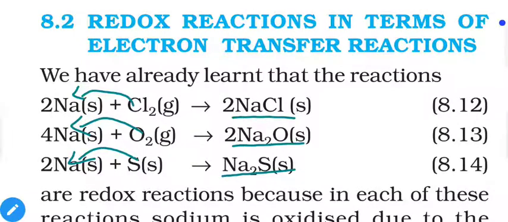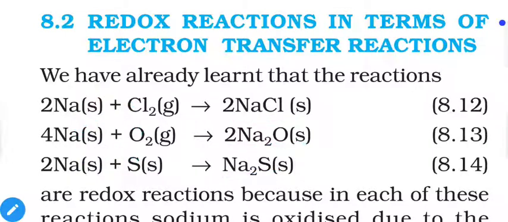Then what about the reduction? If something is being oxidized, then there must be something else which is reduced. The same thing we can think of in reverse. If sodium is being oxidized, then we are also adding sodium into chlorine, oxygen or sulfur, because both of them are in combined form after the reaction.